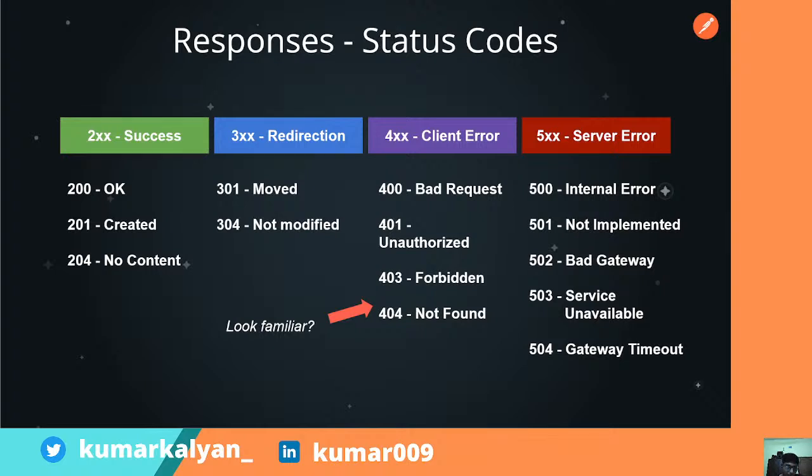There are a lot of codes like 200, which stands for okay, just like when you send a successful request to a server, it returns a 200, which means my status for this response is okay. You get a 201, which means I have created the content. You get a 204 when we are passing something and not receiving any content in the response, which means no content.